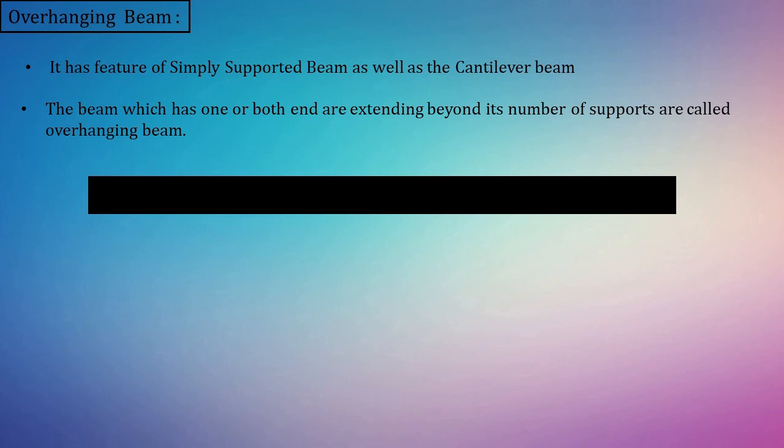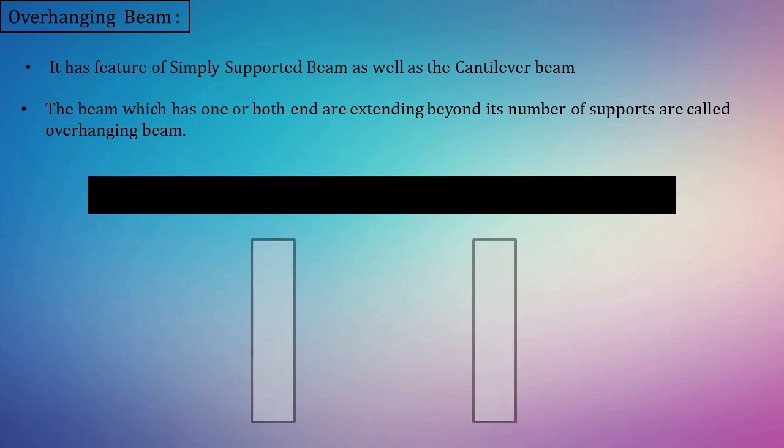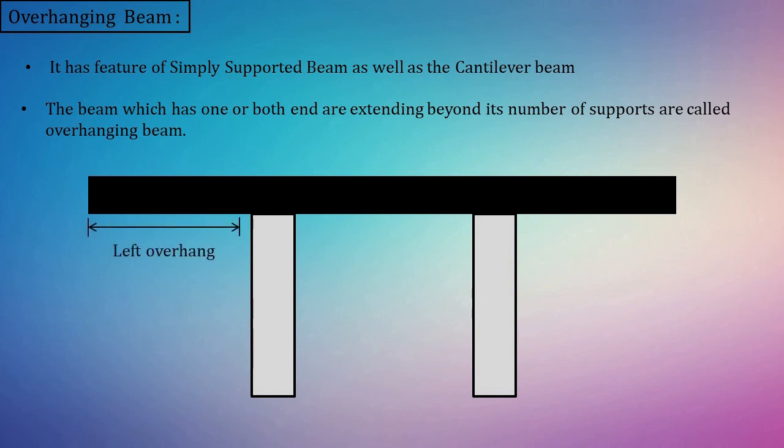In this figure, we can see that the beam is resting on 2 supports and its ends are extending beyond its supports. The portion extending beyond the left support is called the left overhang, and the portion extending beyond the right support is called the right overhang.